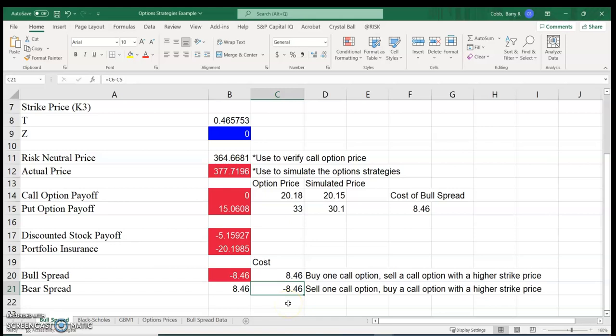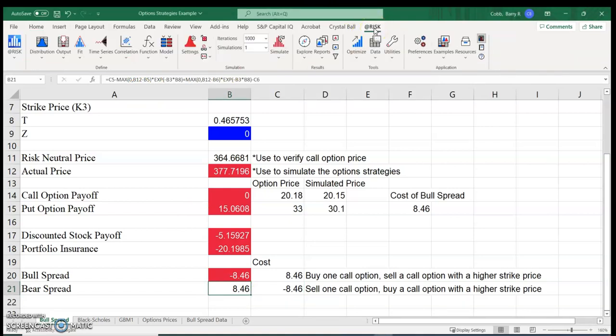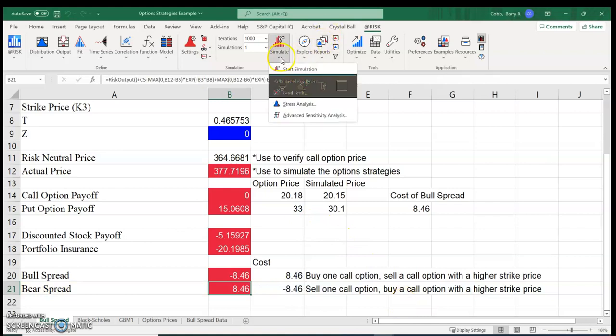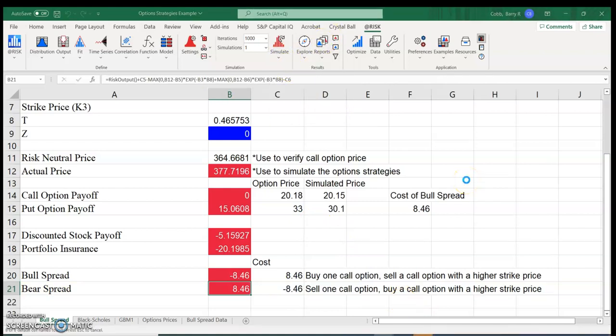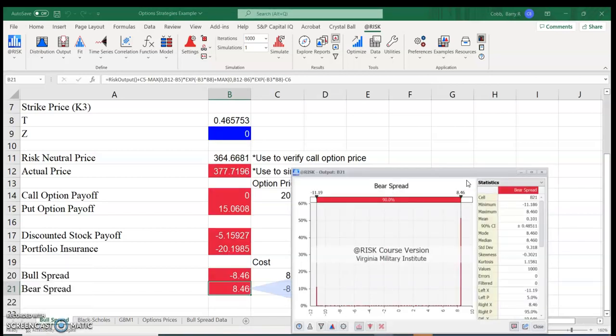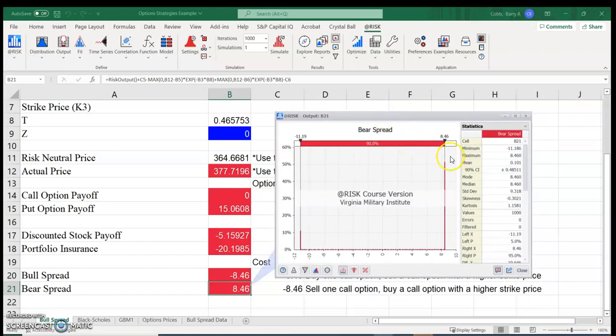So let's make the bear spread output and at risk, and then we'll simulate this. What we see here is a minimum and maximum payoff that's really just the opposite of the bull spread.